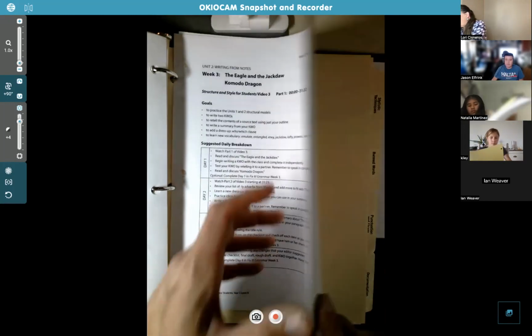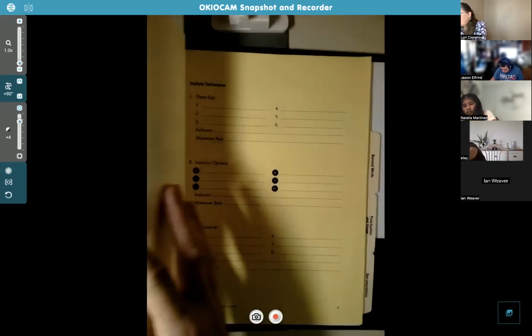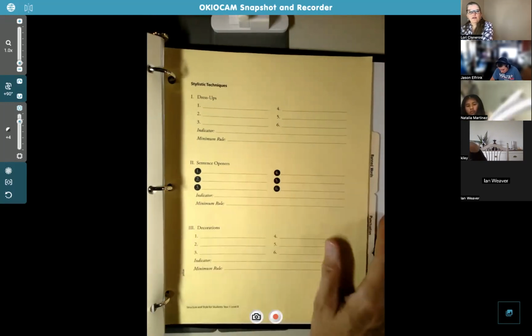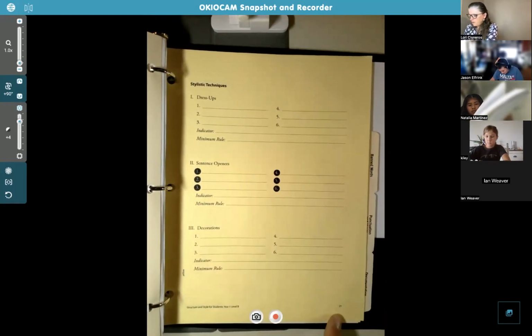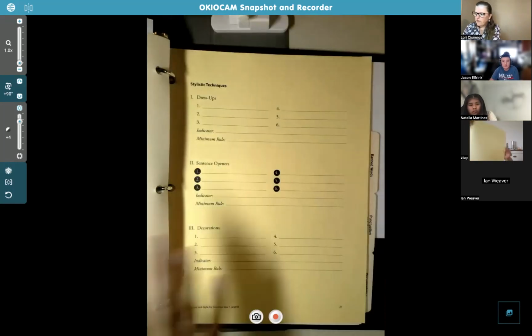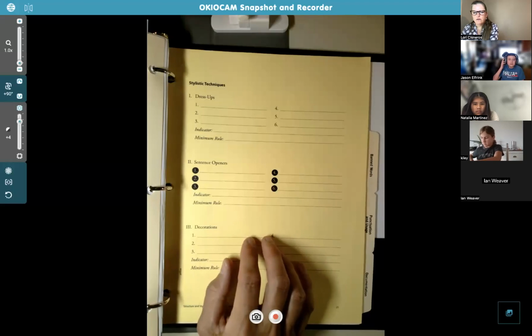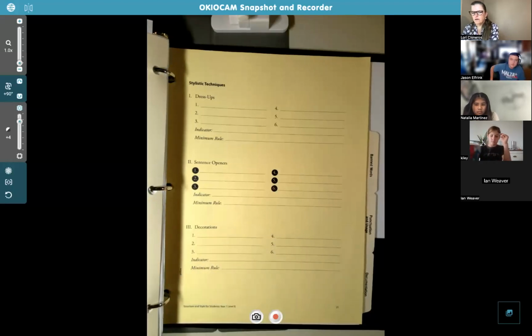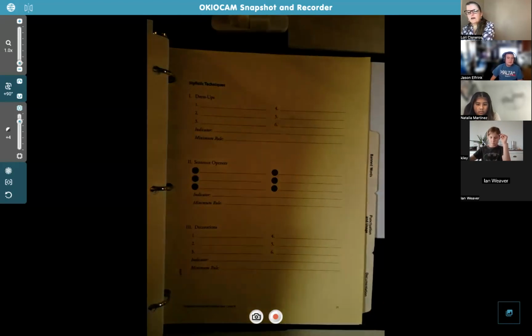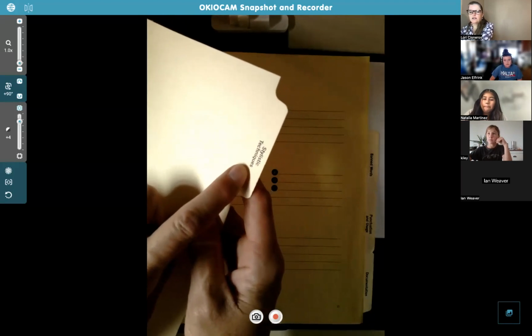The yellow page is going to go behind stylistic techniques back here. This yellow page 21. That was part of a week before, I think. So is that the page you were talking about, Ian? Yeah. Okay. I think everybody else has it back there. So go ahead, Ian, put it behind stylistic techniques.